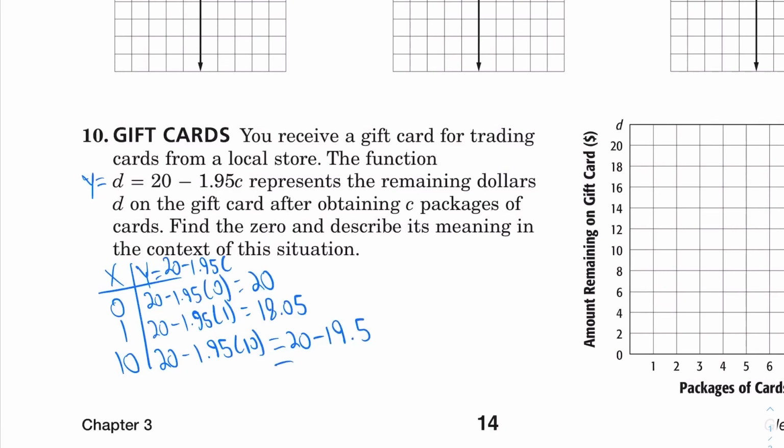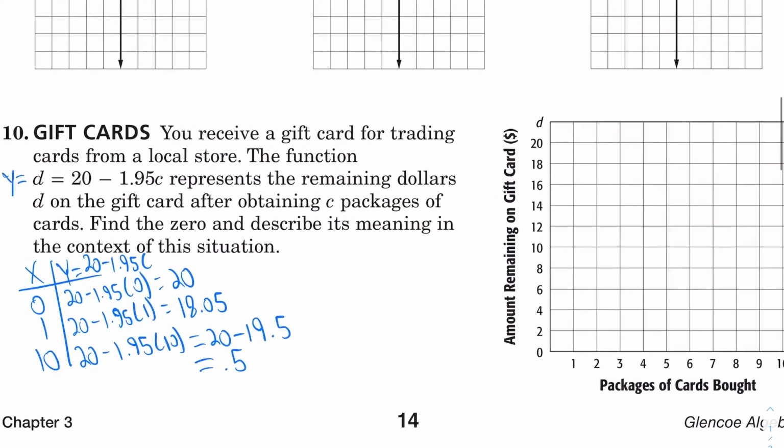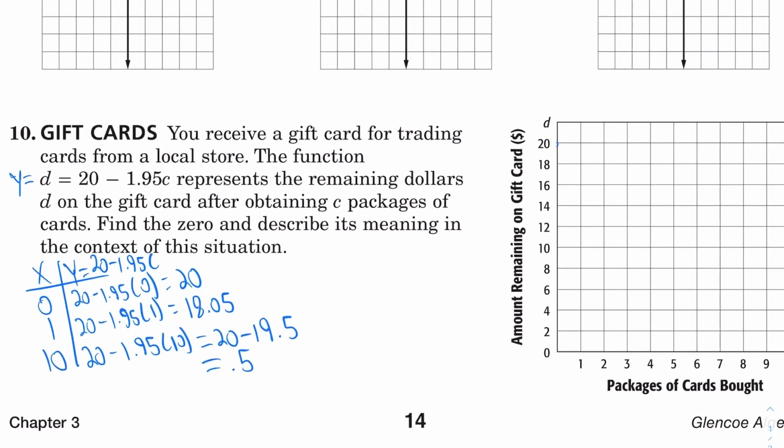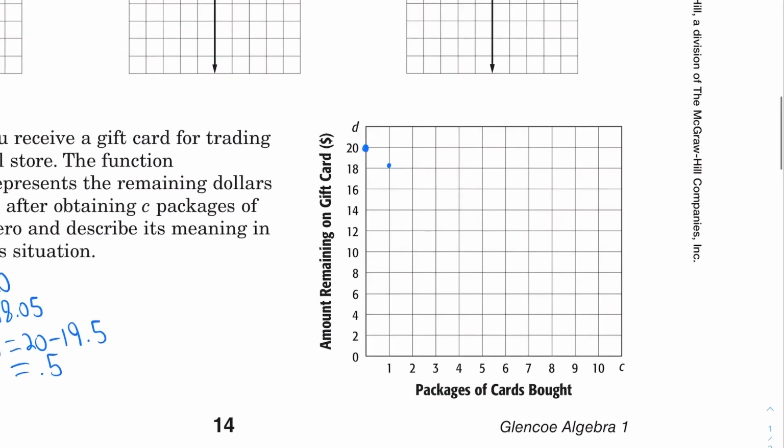So this is 20 minus 19.5, which is going to leave us with 0.5. So my dots are 0, 20, 1, 18.05, and 10, 0.5. Connect these with a line, sorry.